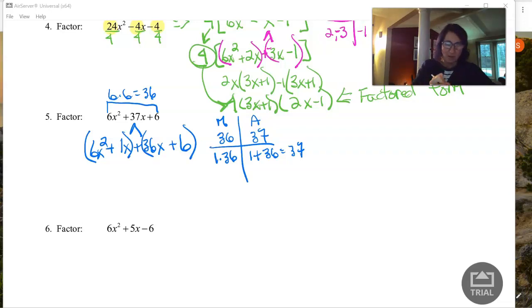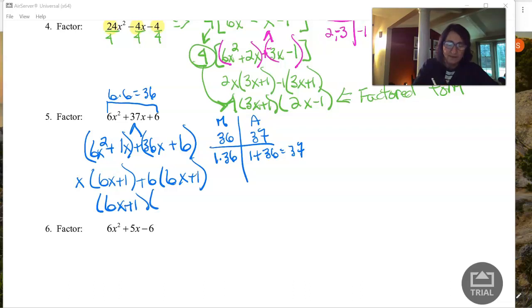Out of the first binomial, I remove an x, and I'm left with 6x plus 1. Out of the second binomial, I remove a 6, and I'm left with 6x plus 1. So the final factored form is 6x plus 1, x plus 6.